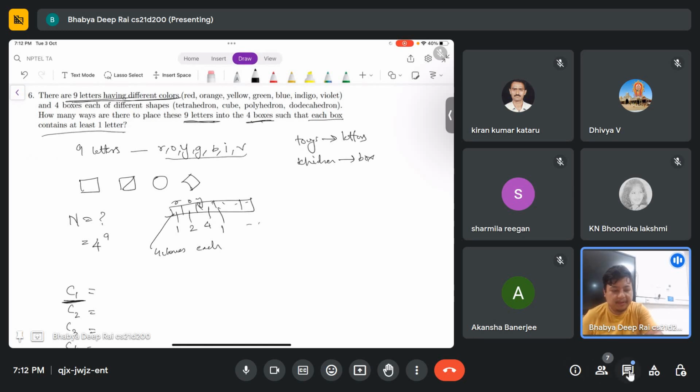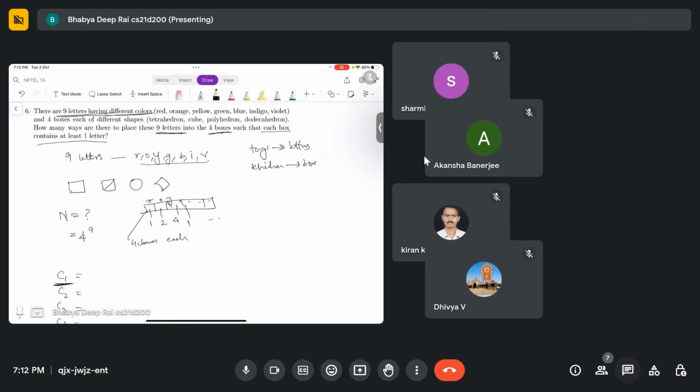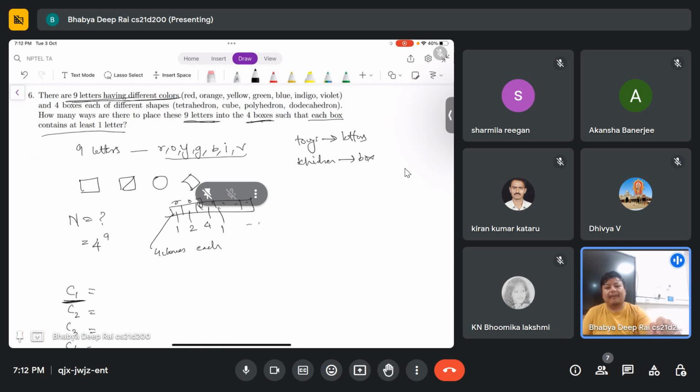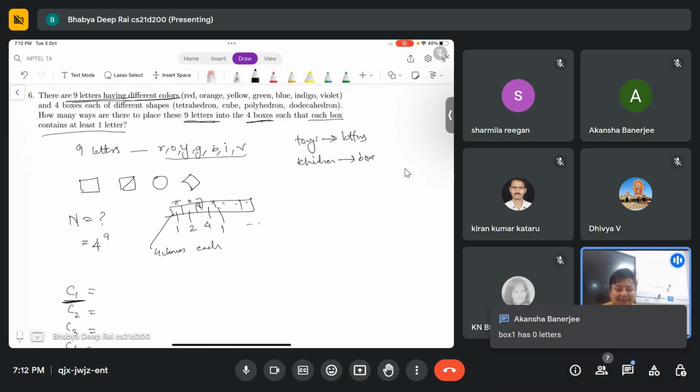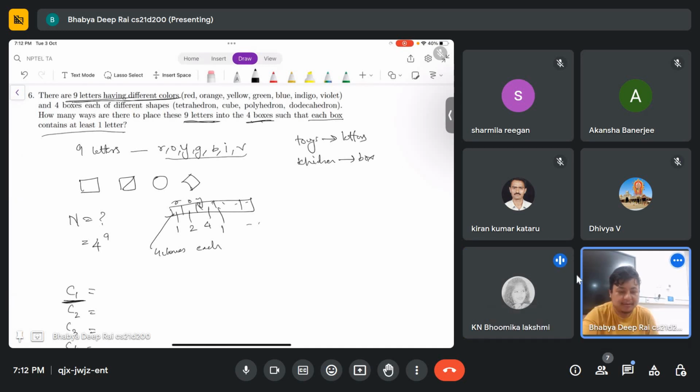So, if you remember, I told you about finding the opposites, right? So, what is the opposite of box 1 having at least one letter? Less than one. Yeah, less than 1. That's right. So, what is less than 1, Bhumika? Zero. Exactly. Good.